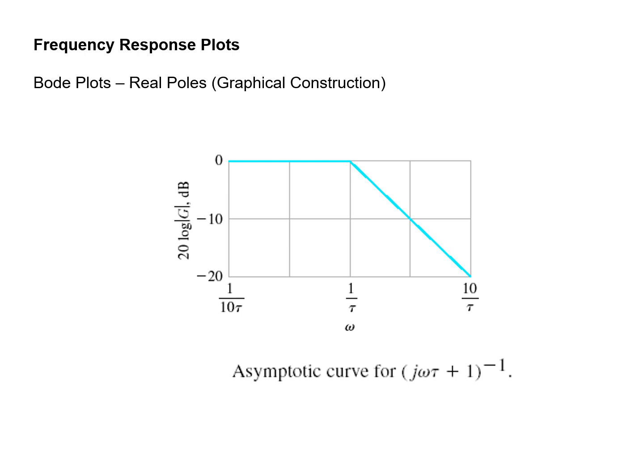Frequency response Bode plot, real pole, graph construction. And this is the asymptotic curve for (j omega 2 plus 1) to the power minus 1.